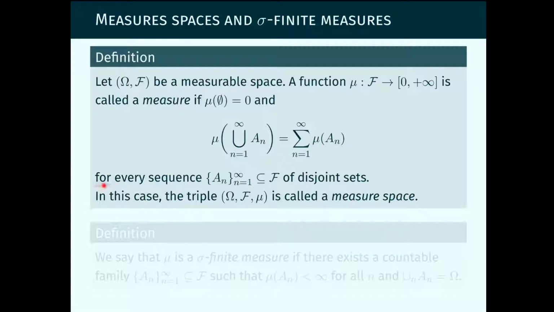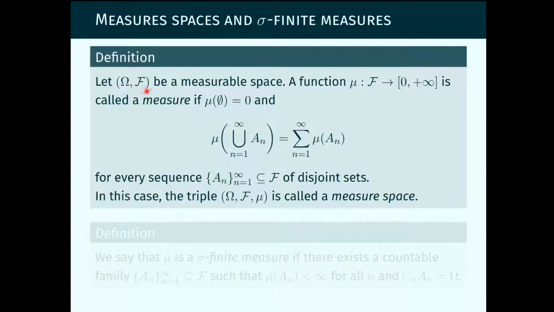So this is true for every sequence. This must be true for every countable sequence of disjoint sets in this family, because to have this equality here, we need them to be disjoint.